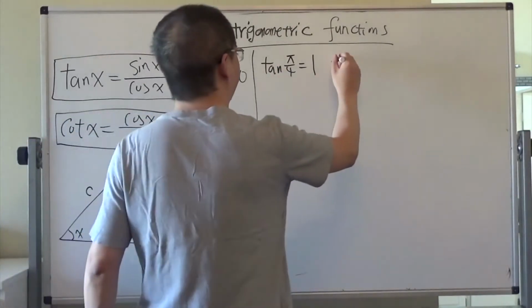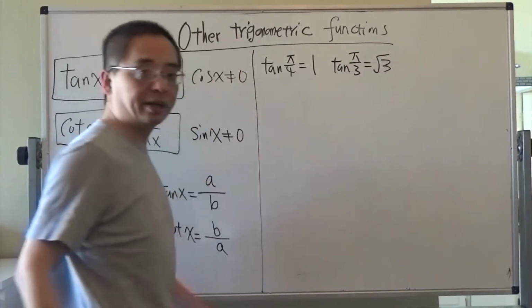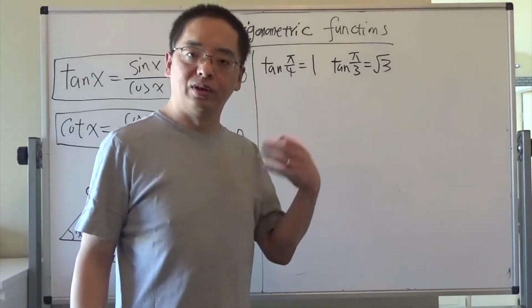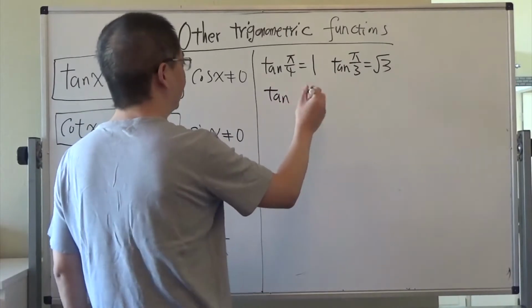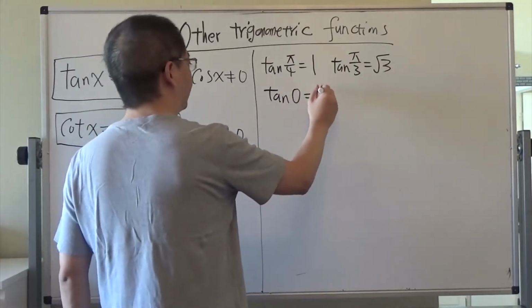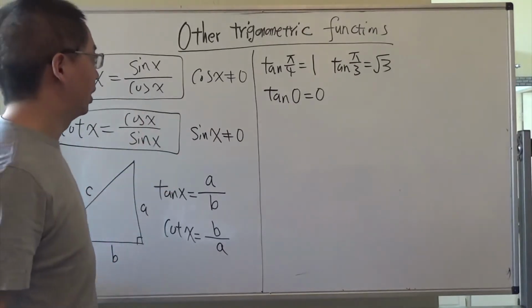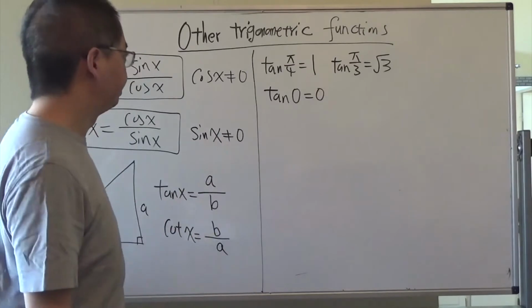And if I look at the tangent pi over 3, this will be square root 3, if we recall sine pi over 3, the 60 degree angle, over cosine pi over 3. Of course, I can also define tangent 0, tangent 0 is 0, right? Because sine 0 is 0 and cosine 0 is 1. Cotangent is just the reciprocal.